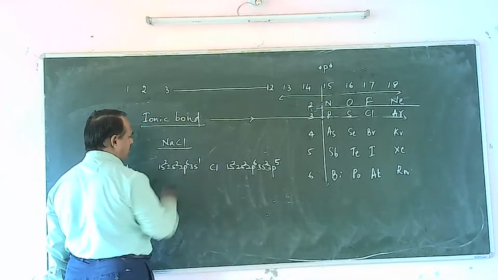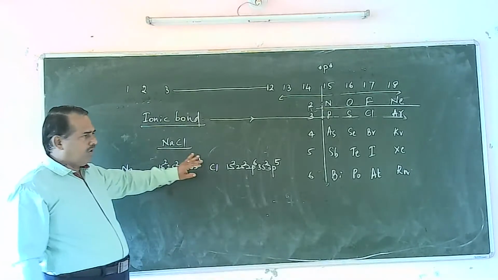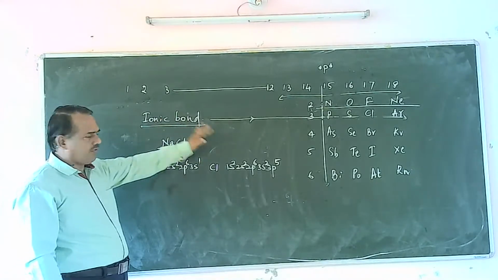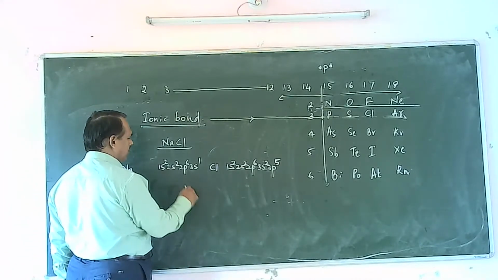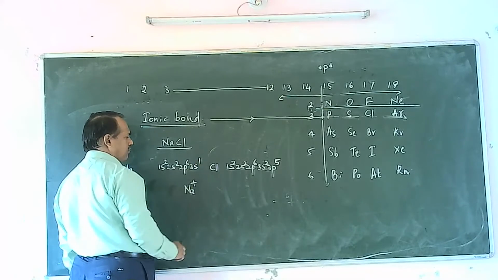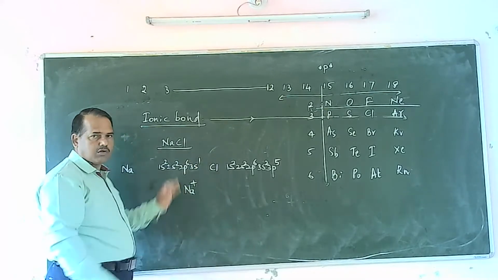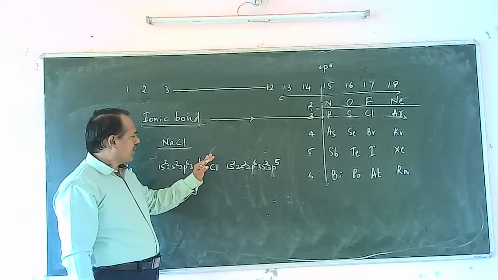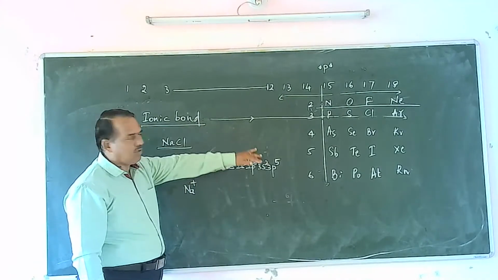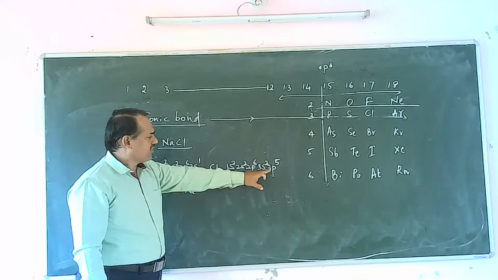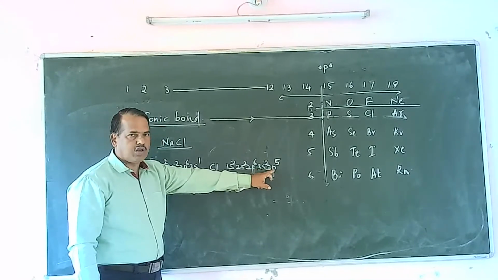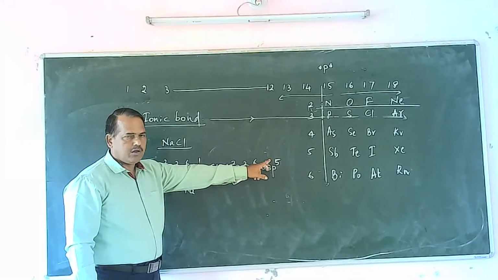In order to form sodium chloride, the ionic bond is formed by the transfer of an electron. Here sodium loses one electron. It transfers its electron to chlorine.